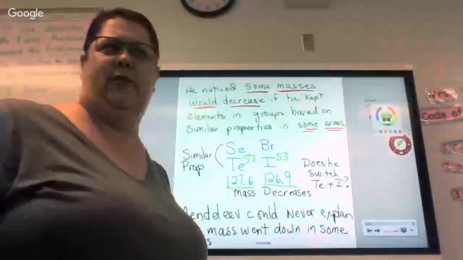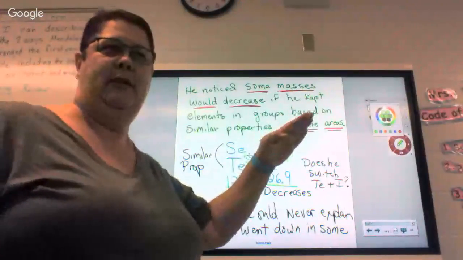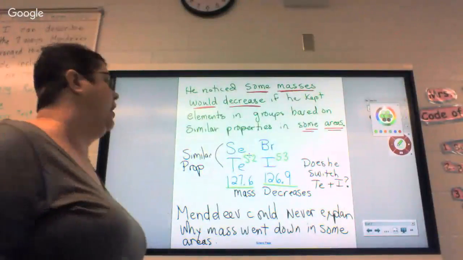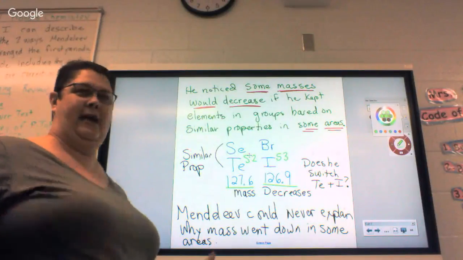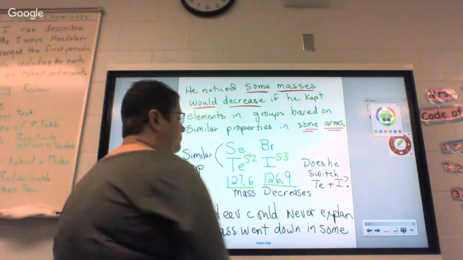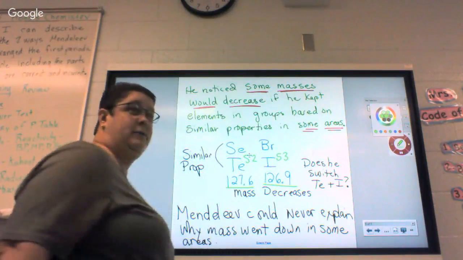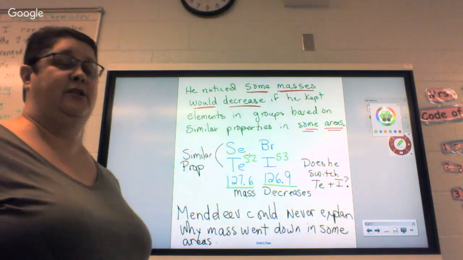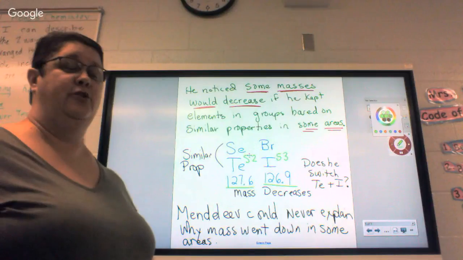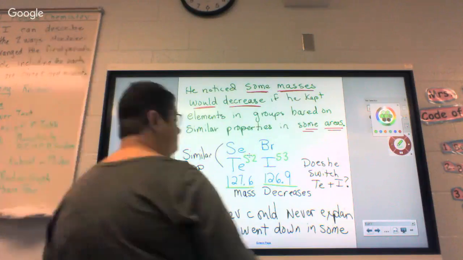They were all increasing, and they had similar properties. Iodine just has fewer neutrons than the mass suggests.